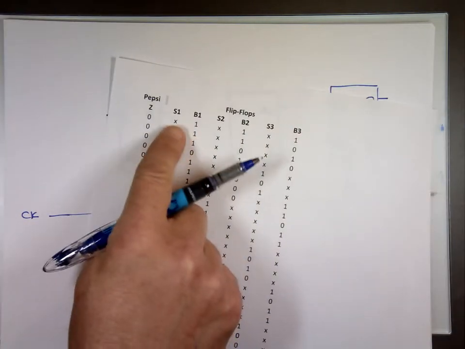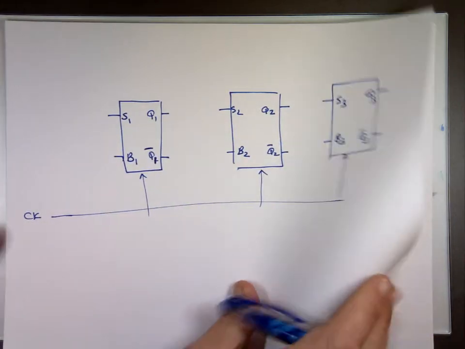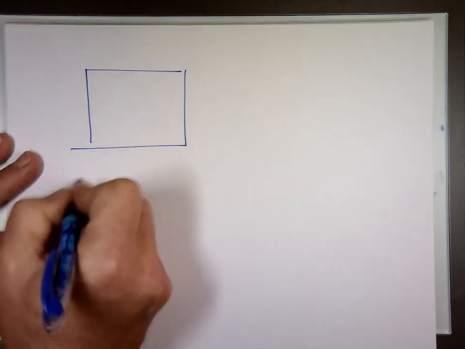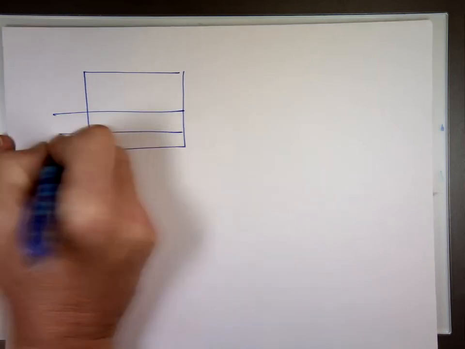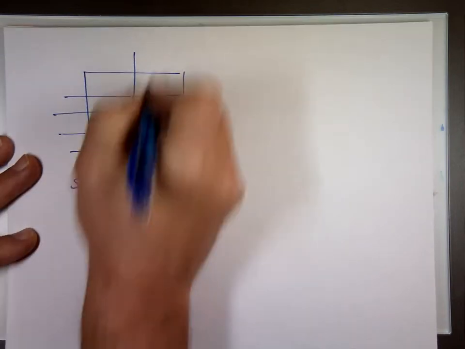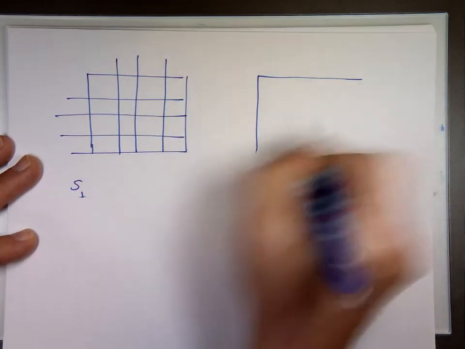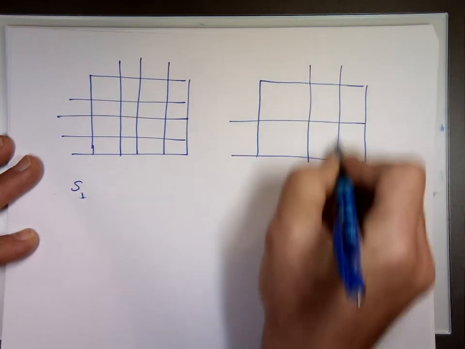Here's S1. So I'm going to make my K-map for S1. This is for S1, and this is a 4x4 K-map. And still for S1 here, since there are 5 inputs, I'm going to use 2 of them.